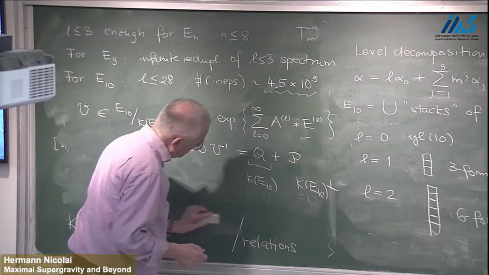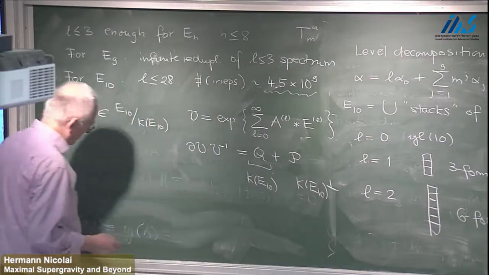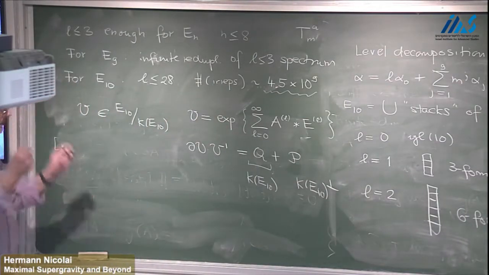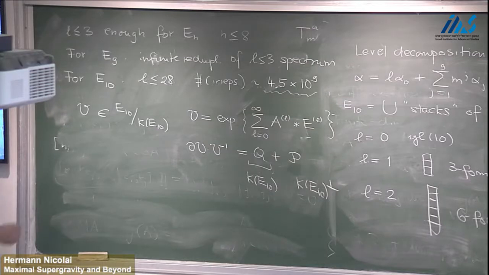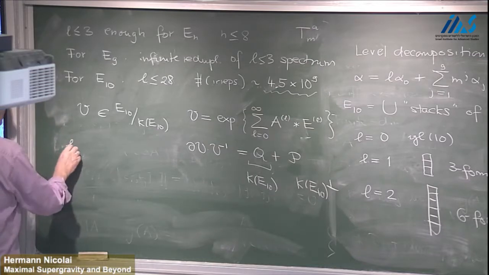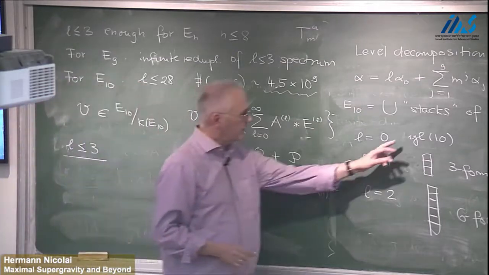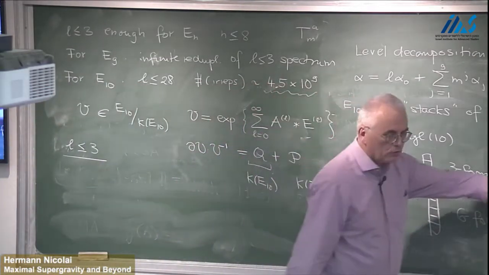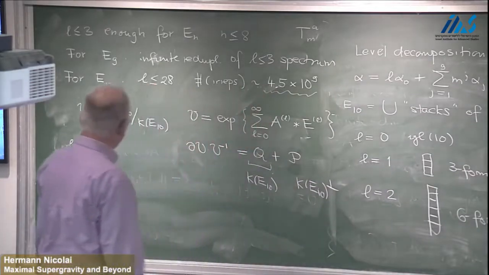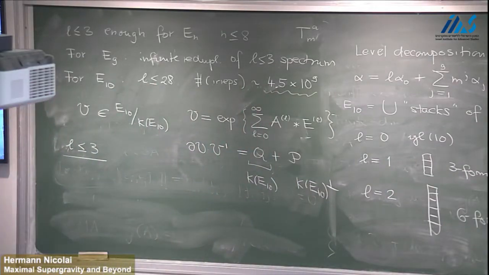Then we have to make certain truncations, but what turns out when you restrict L to L less than or equal to 3, meaning to these fields, which we kind of understand, the dual graviton, the sigma model equations can be mapped to the supergravity equations.